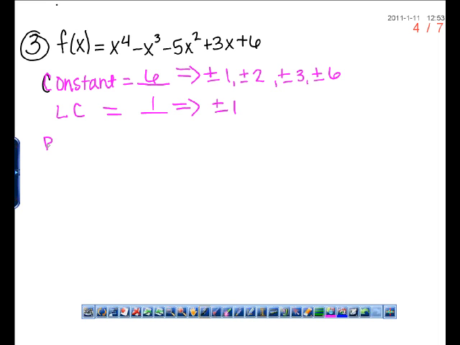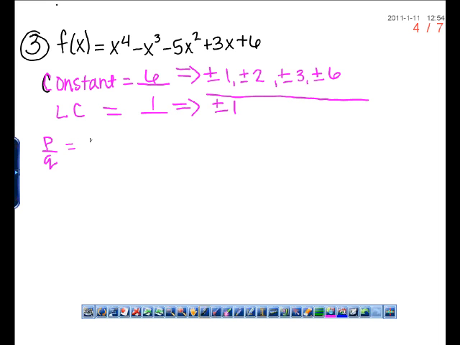So I'm going to do P over Q, constant over leading coefficient, and I'm going to go through and think about dividing all of these. It's nice because since I have a 1 on the bottom, what list am I really just left with? Yeah, the factors of the constant. Because if I divide each of these by 1 or negative 1, I'm just going to get another 1 on that list.